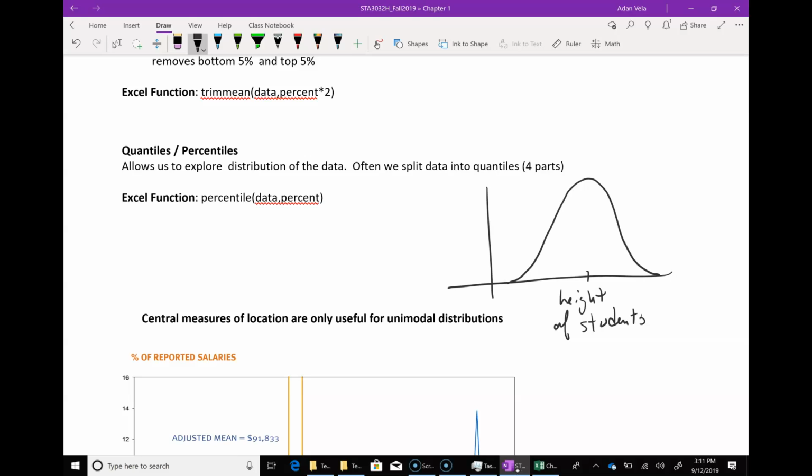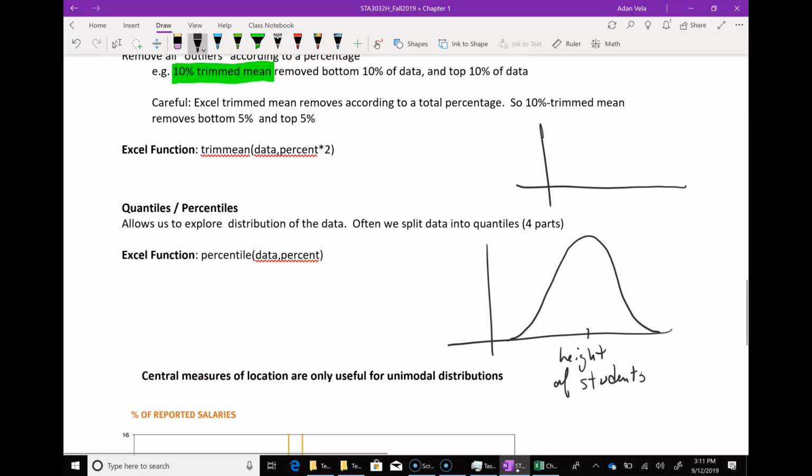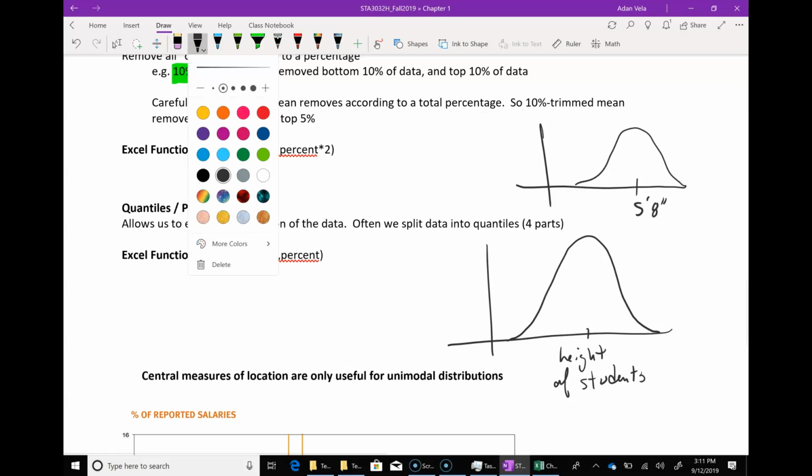Yes, sir. Could this also be like a bimodal thing? It could be. So I would venture to guess that if you were to look at men, it's some spread like this, let's say centered around 5'8", 5'9". Okay. That's horrible handwriting, sorry. I think it's 5'8". And I suspect if you were to look at women, what was the number thrown out for women?